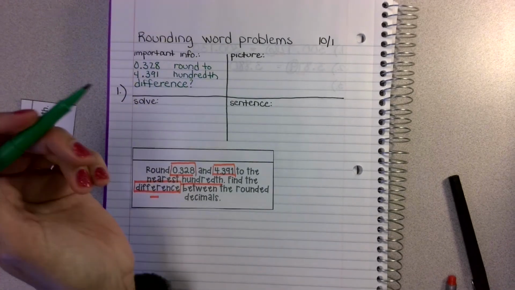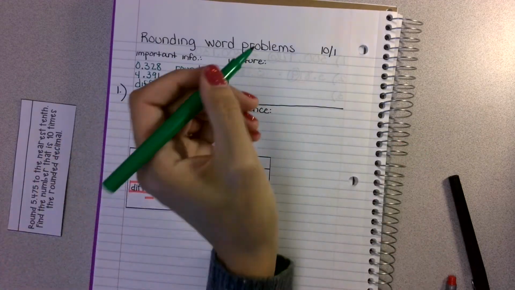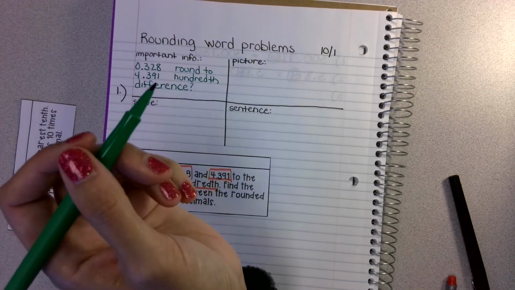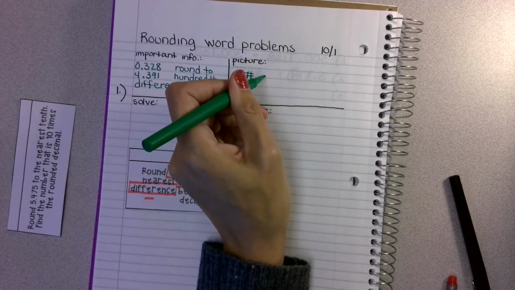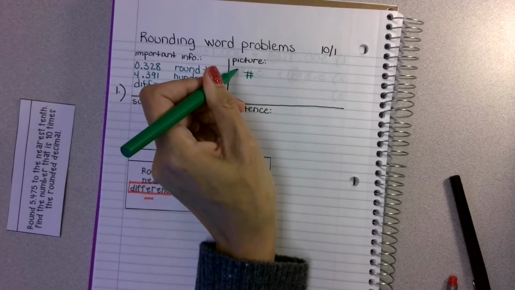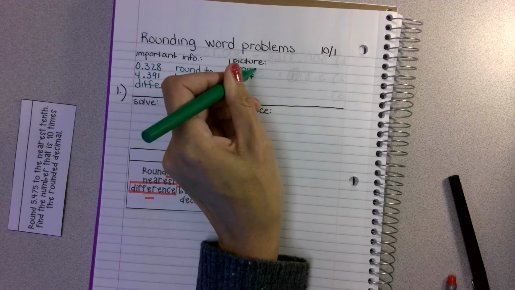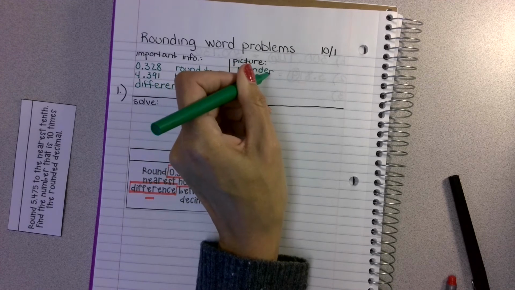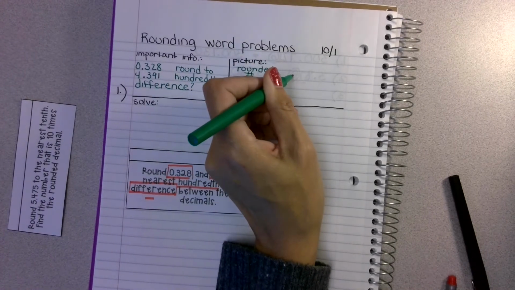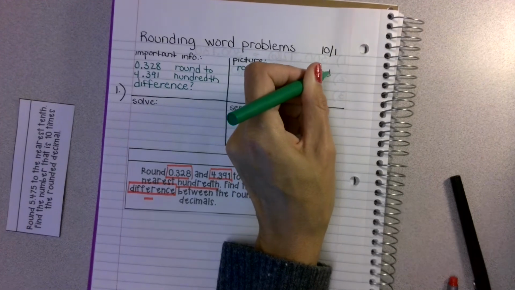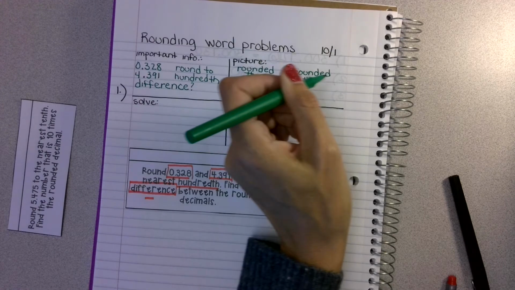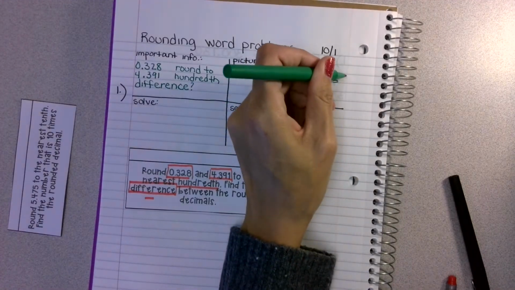Okay, so I'm going to draw my picture. So I'm going to take my two numbers, I'm going to write rounded number minus rounded number equals difference.